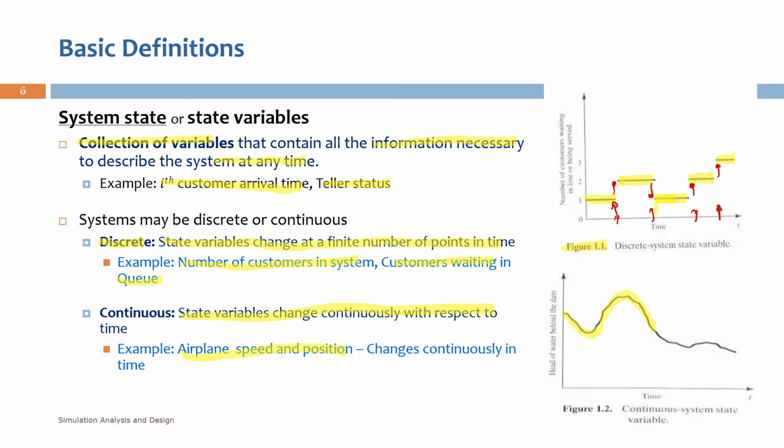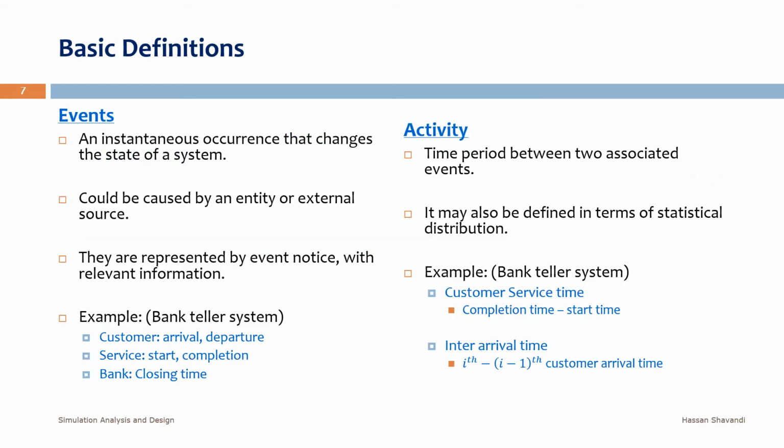As you see here, it's changing continuously over time. So based on this definition, we will have two types of systems in simulation, discrete and continuous. And in our course, we're going to focus on just the discrete systems, not on continuous systems.